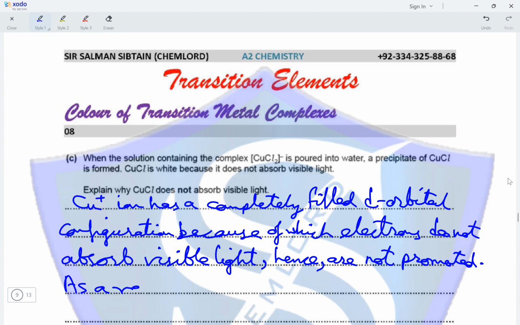As a result, Cu+ ion compounds do not appear colored.